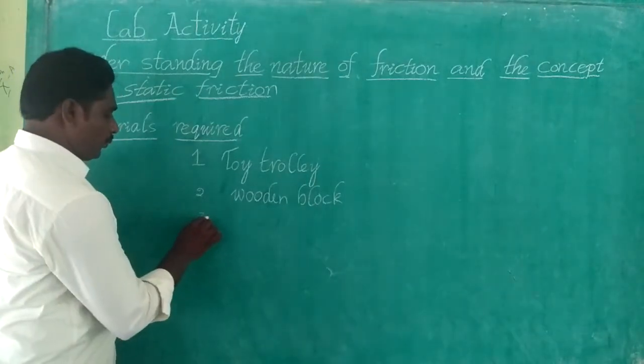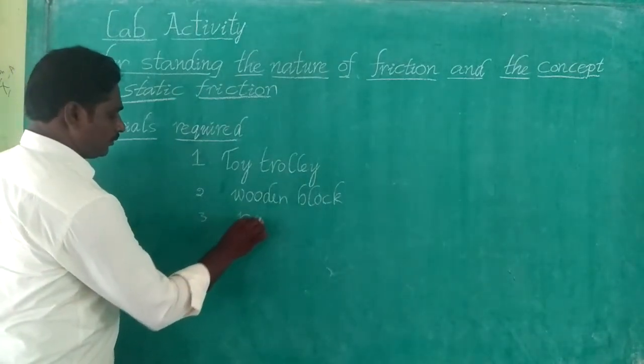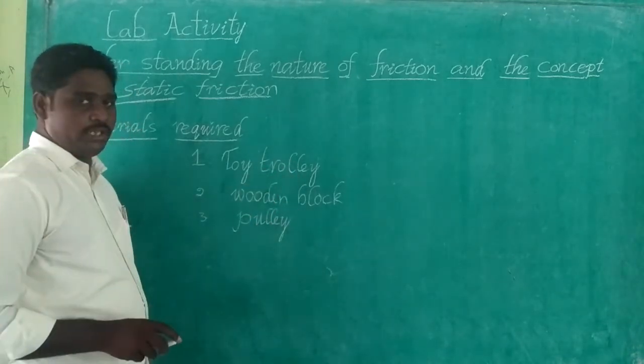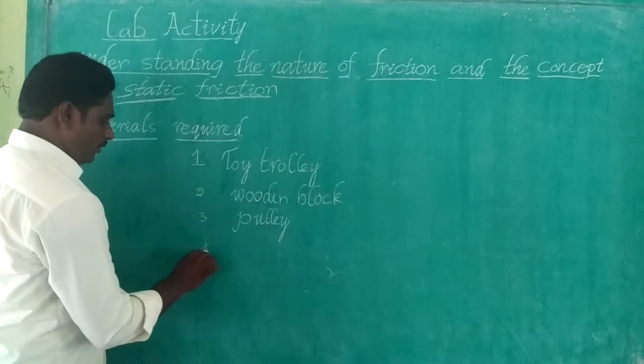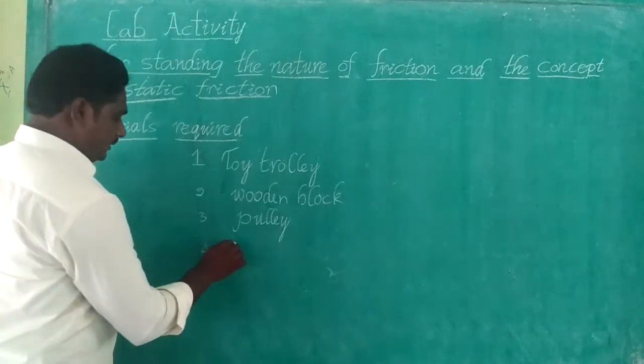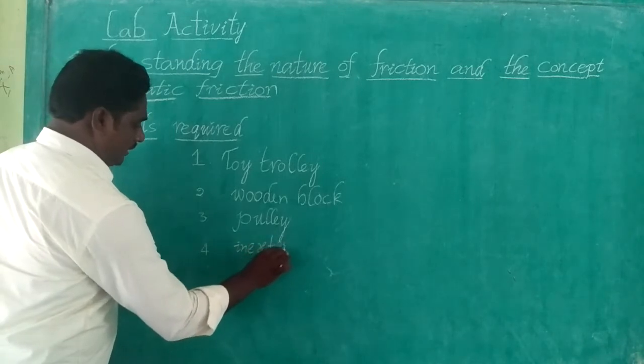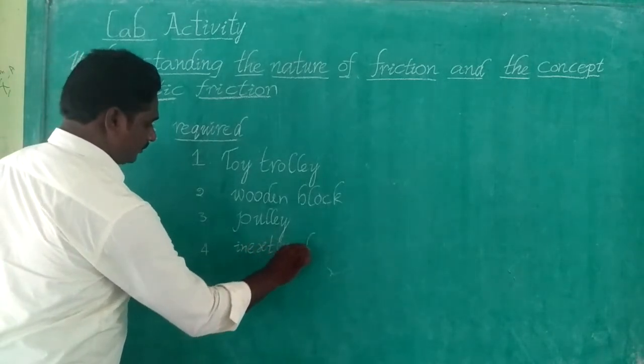And next one is a pulley. Fourth one is an inextensible string.